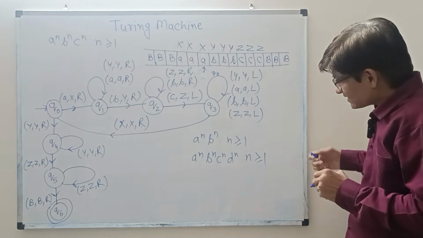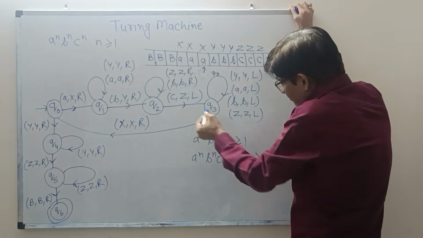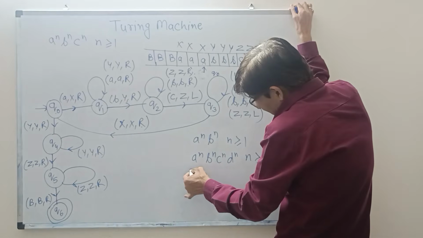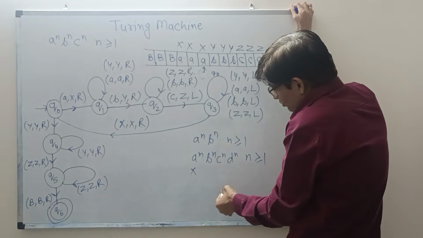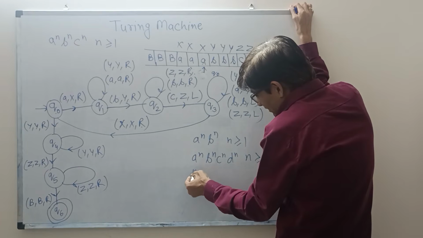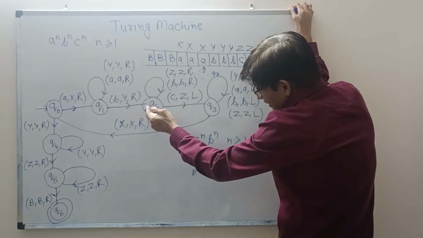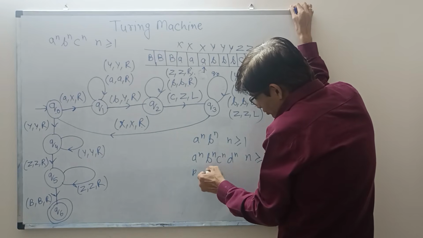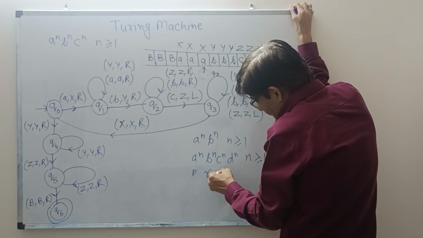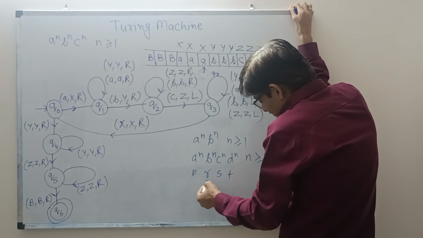Again, you can extend the same logic. You will convert a into p, then b into q. As we are using q already, you can convert this b into r, then c into s, and d into t. So like this.